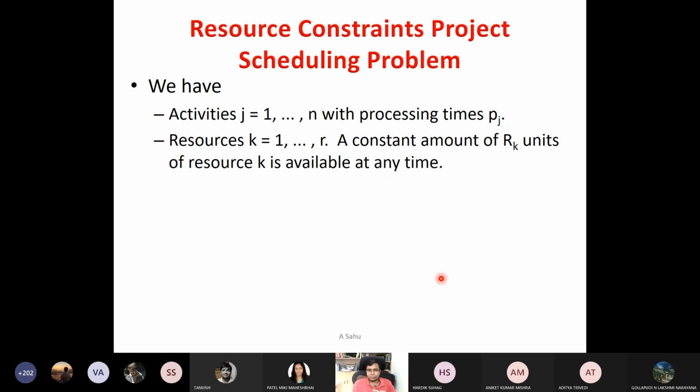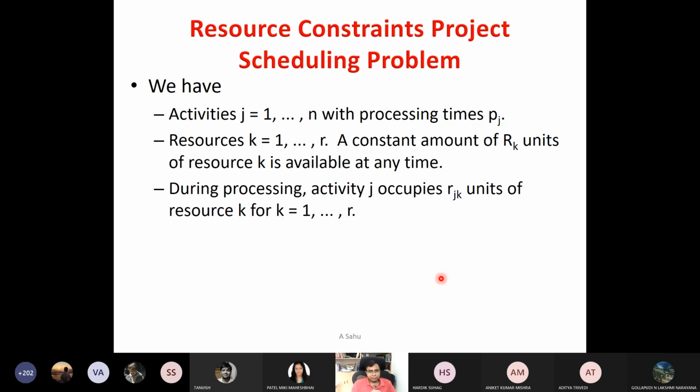That means rk units of resource k is available at any time. Every resource has some compute capability or something.